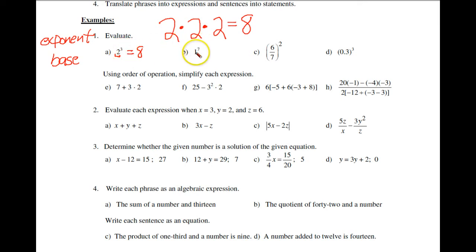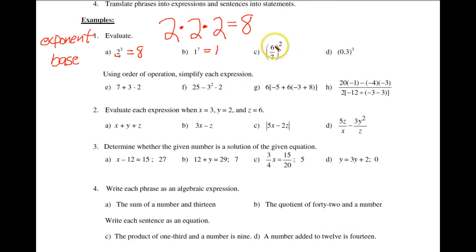Now, 1 to the 7th, that is timesing 1 by itself 7 times. Well, 1 times 1 is 1, times 1 is 1, times 1 is 1. So 1 to any power is always going to be just 1.